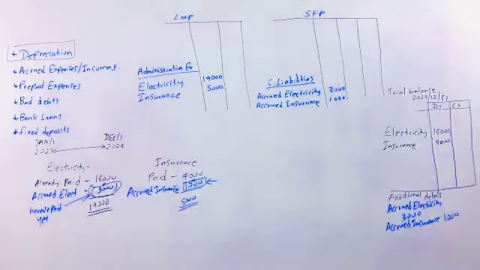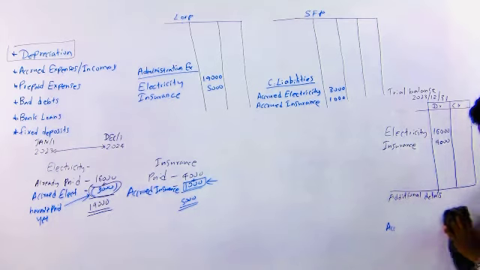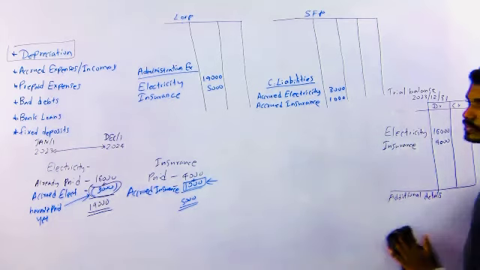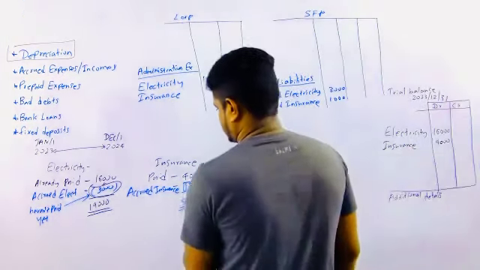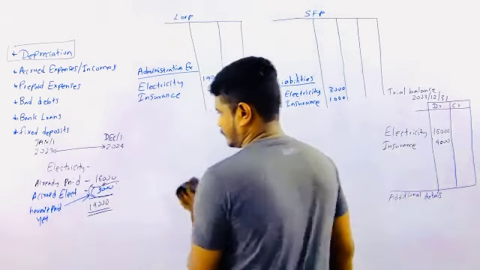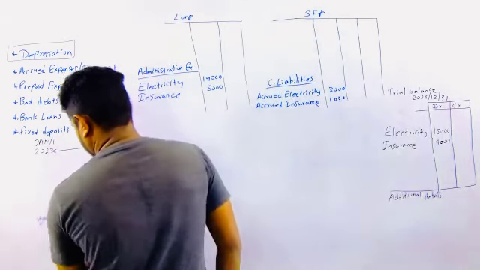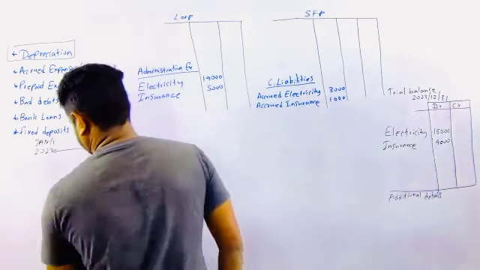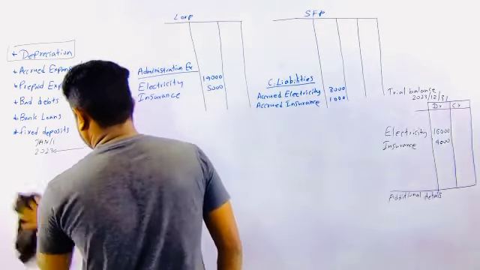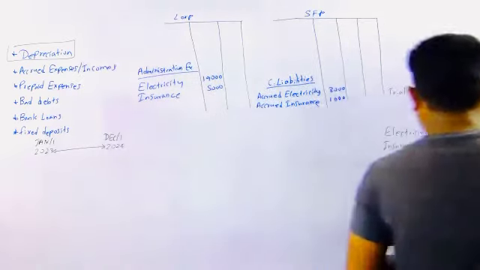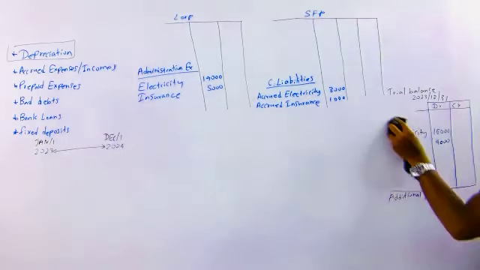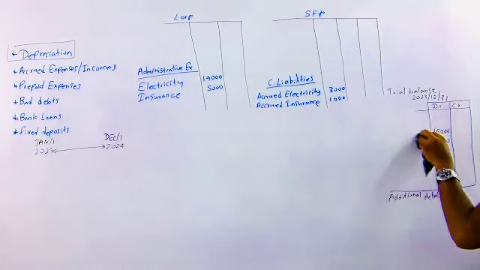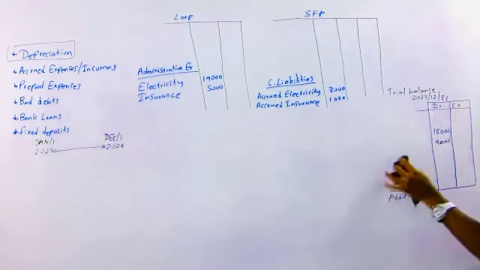Then next one, right? Next one we are talking about accrued incomes. So let's say like this. We have rented our partition to another person, right?